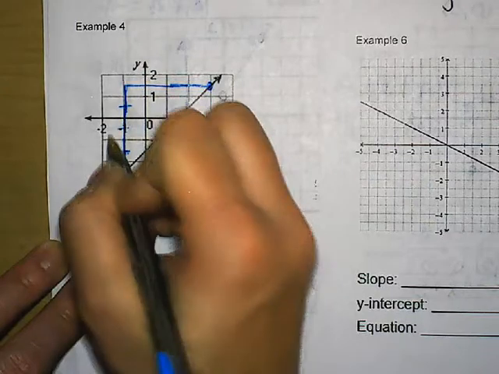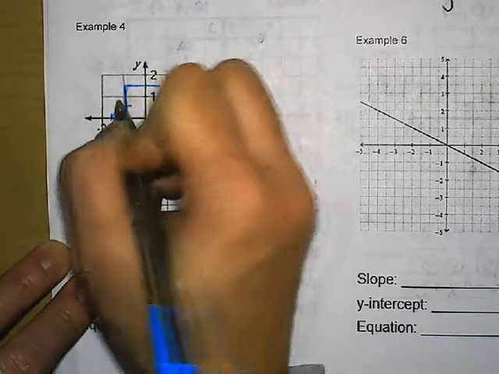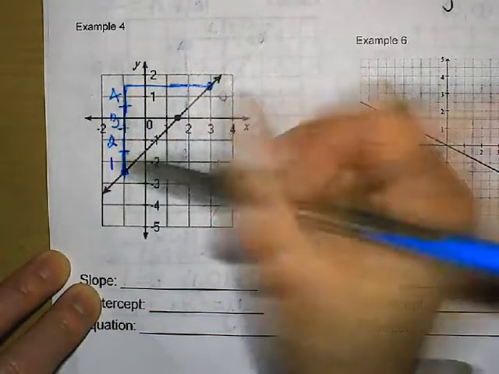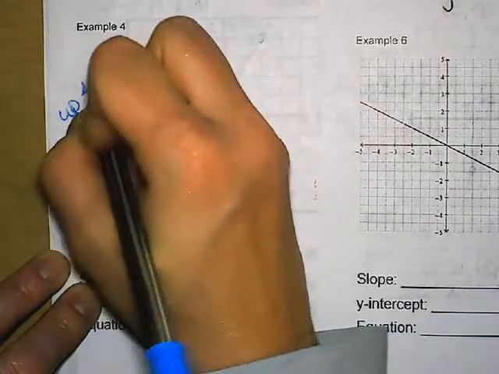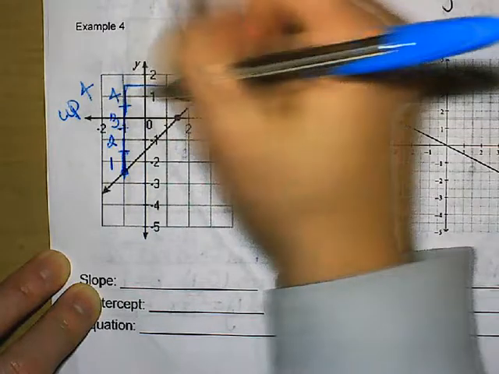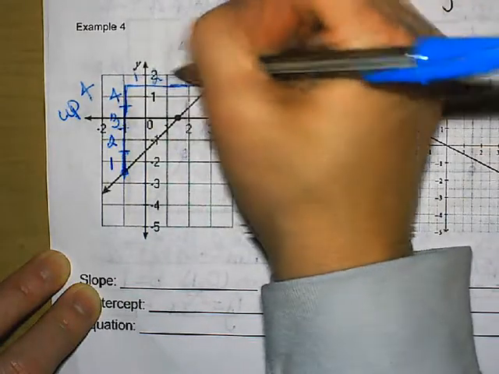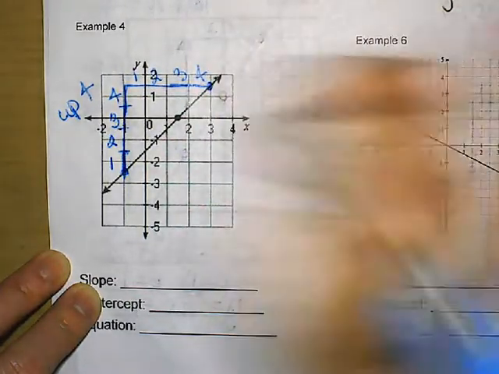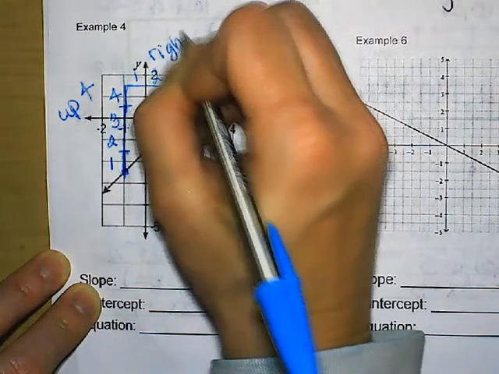So this would make it 1, 2, 3, and 4. So I can still use whole sections to count that I went up 4. And these are going 1, 2, 3, 4 to the right.